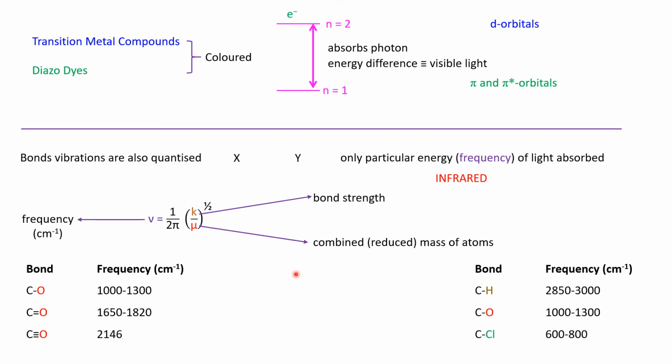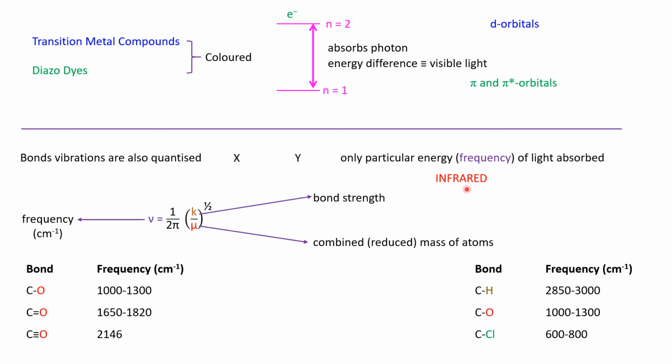Okay, so the big take home of this particular part of the movie is that bond vibrations are quantized. They have energy levels. Bonds can only vibrate in a certain way until you put in just the right kind of energy to make it vibrate in a different way.